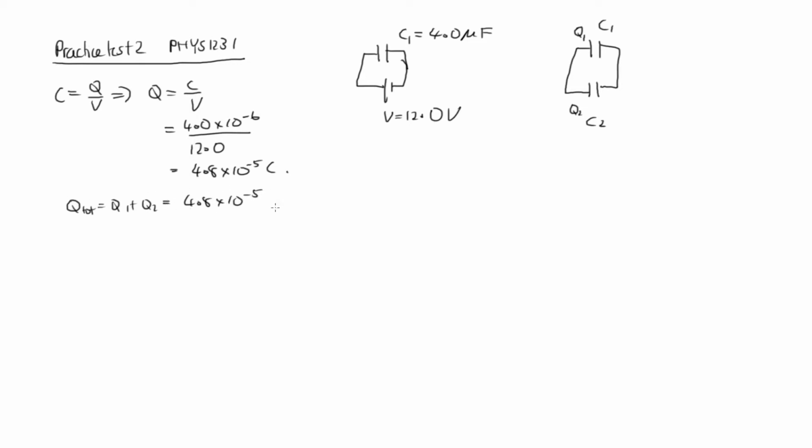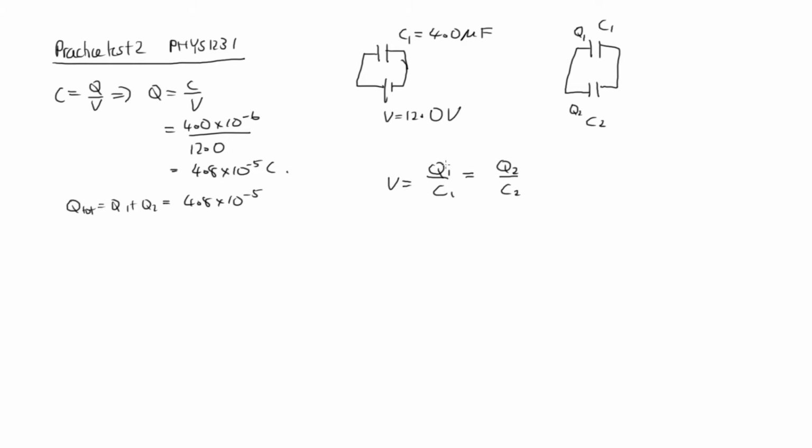So that's one equation that we've got. We also know that because C1 and C2 are connected in parallel like this, they must have the same voltage drop across them. So going back to our capacitor equation, the voltage is equal to Q over C. So Q1 on C1 has to be the same as Q2 on C2, as they must have the same voltage.